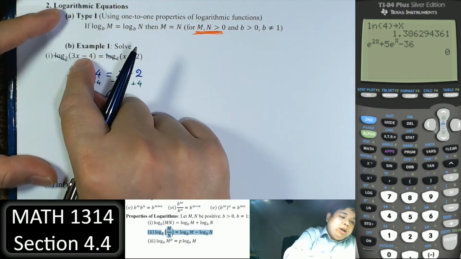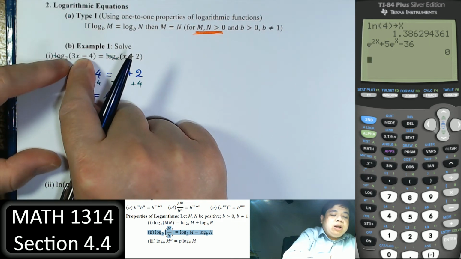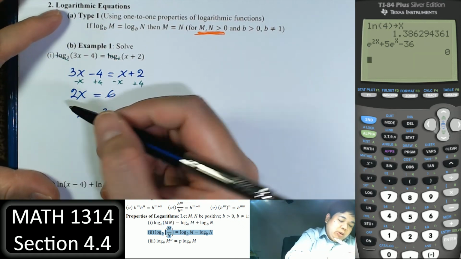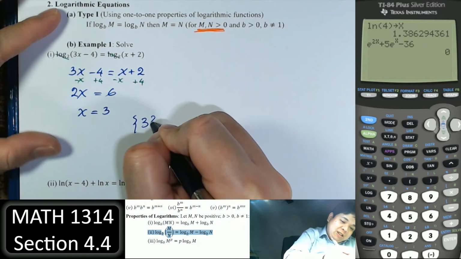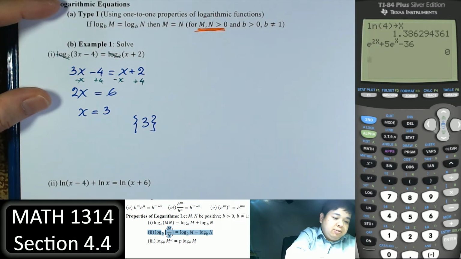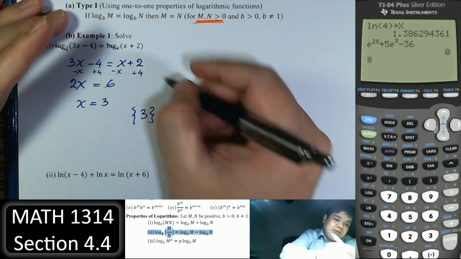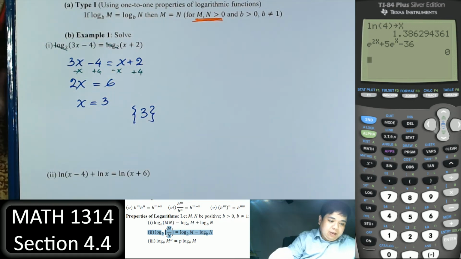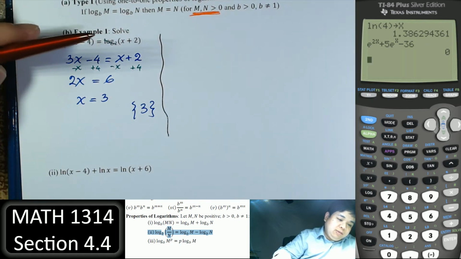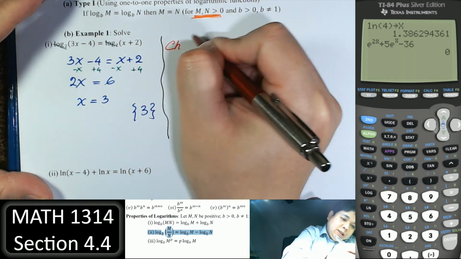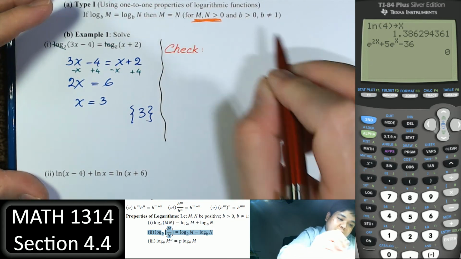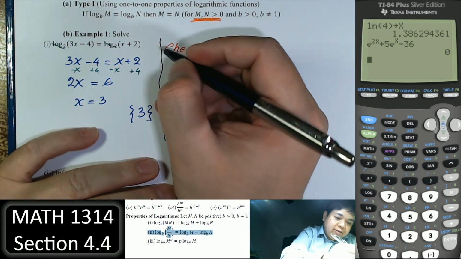Now if we put 3 in here, 3 times 3 minus 4 is 5. 3 plus 2 is also 5. So this is equal. We'll just check mentally that equation. So that's what we have. But on all of these problems, just make sure we check, because we do have to make sure that all the arguments are positive.